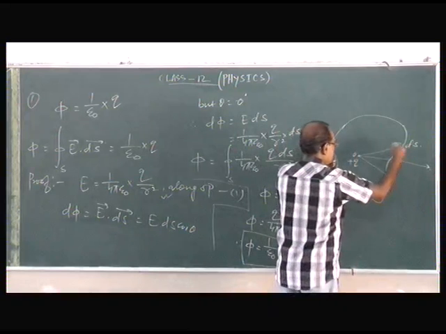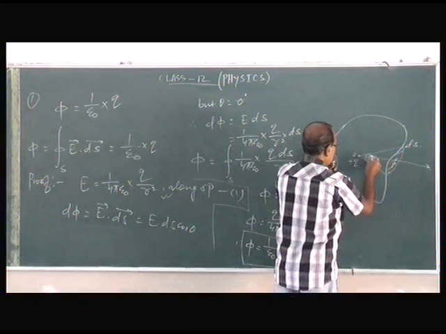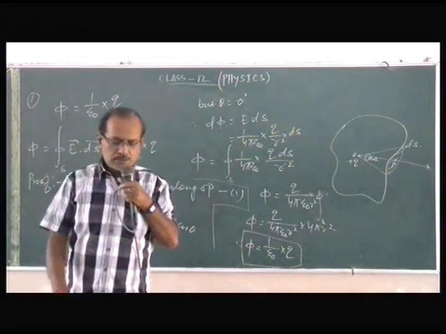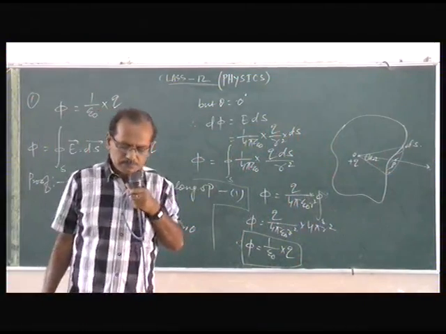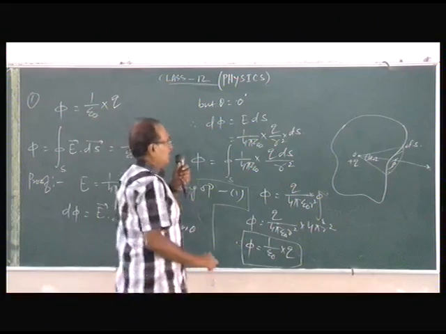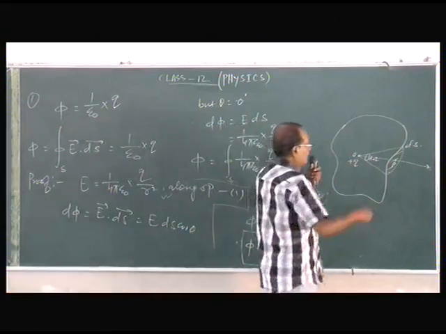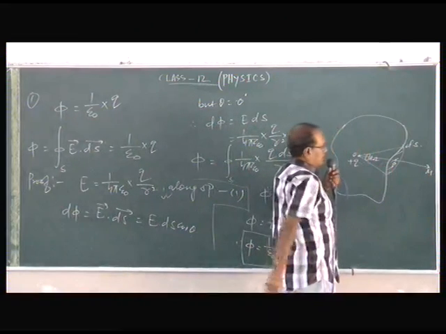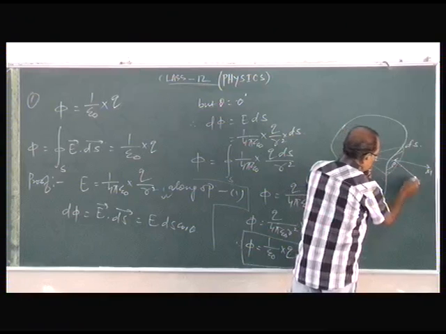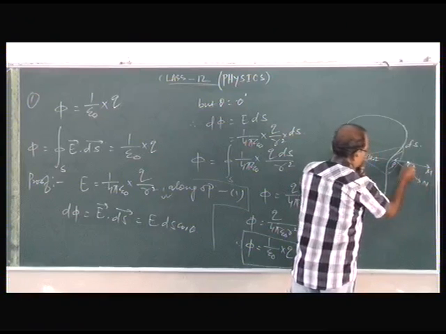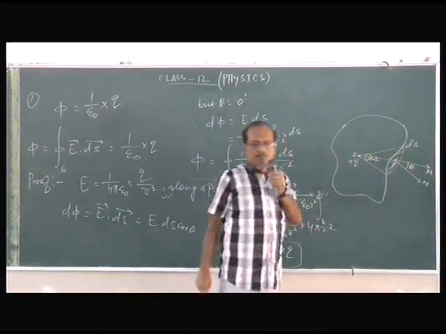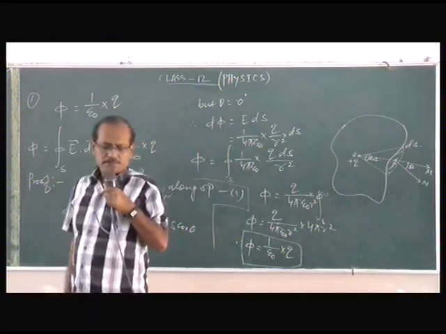Now this small surface ds is making a solid angle, say d omega. Now this PM is not perpendicular to the surface, so we will draw a normal to the surface, say n, making an angle theta.